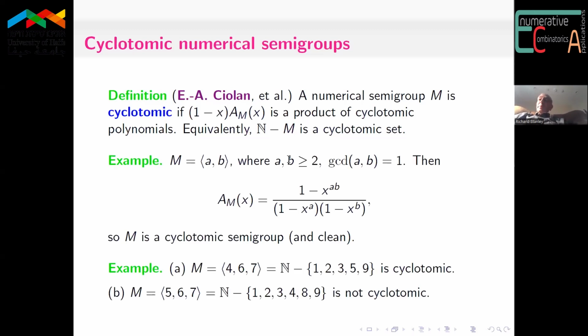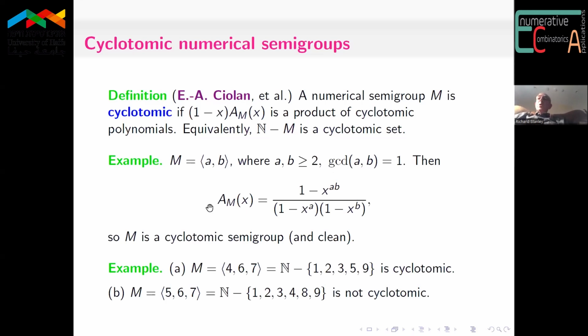For instance, if M is generated by 2 elements, so I'll use this angle bracket notation for generators, where a and b are greater than or equal to 2, and their GCD is 1, so I have a numerical semigroup. Only finitely many elements are missing when the generators are 2 elements.